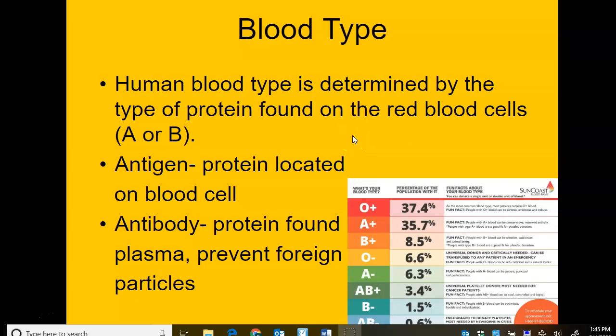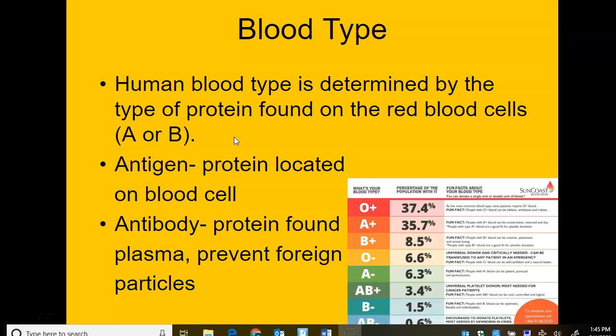So the red blood cells are the part of your blood which carry oxygen, and that's the part of your blood which deals with blood type. Now, you also have white blood cells, and that's what fights off infection. That's your immune system. But our red blood cells are the ones that we're talking about today, and they only have one job, and that job is to carry oxygen. Now, they have these things on the outside of them called antigens.